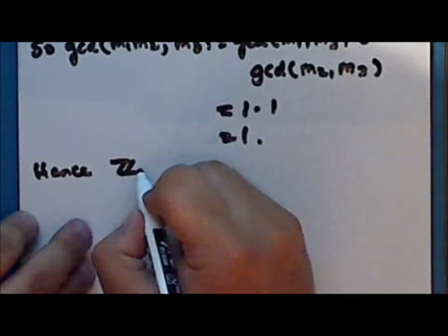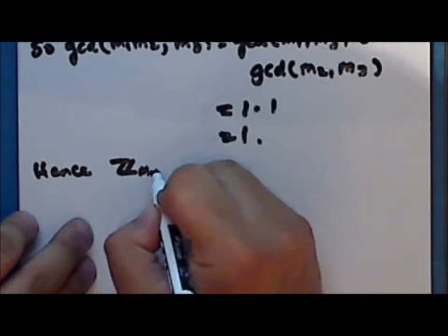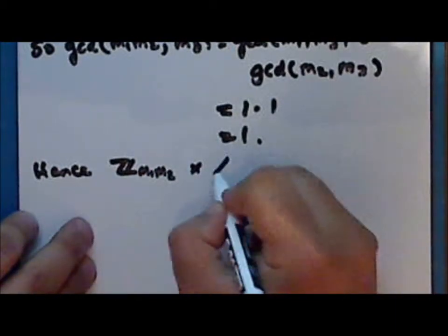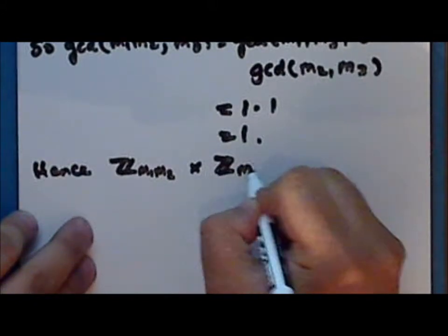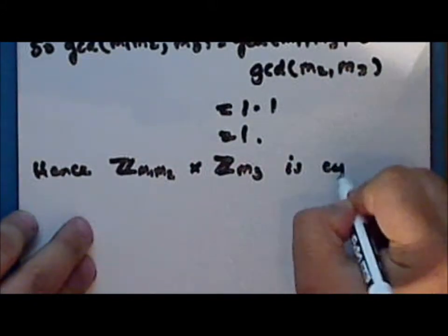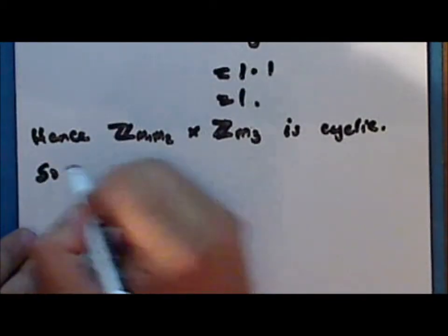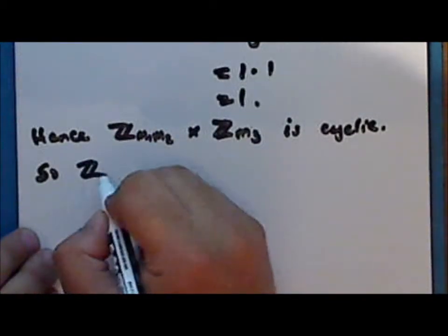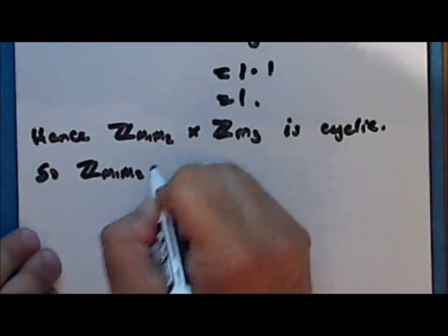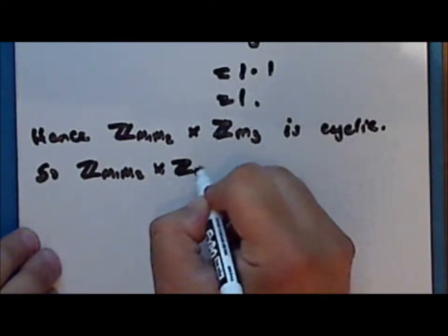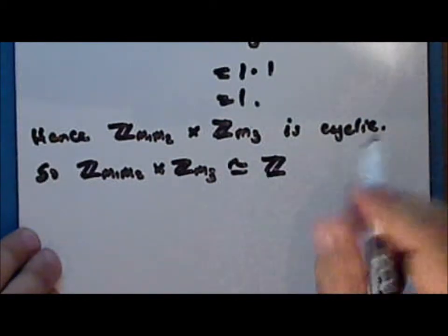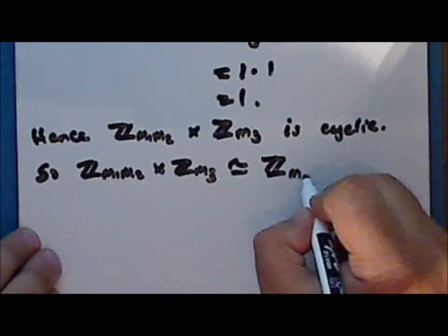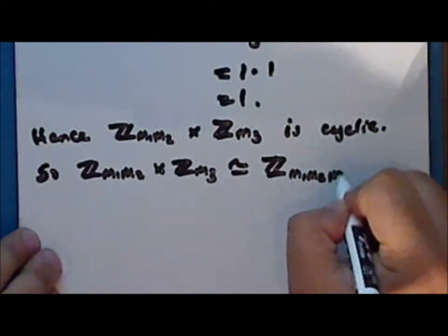And hence the direct product of the integers modulo m sub 1 times m sub 2 times the integers modulo m sub 3 is cyclic. And so this product is isomorphic to the integers modulo the product m sub 1 times m sub 2 times m sub 3.